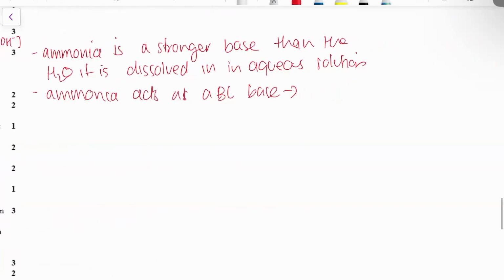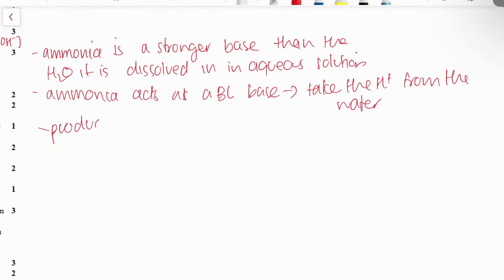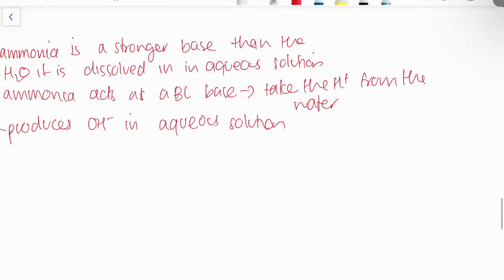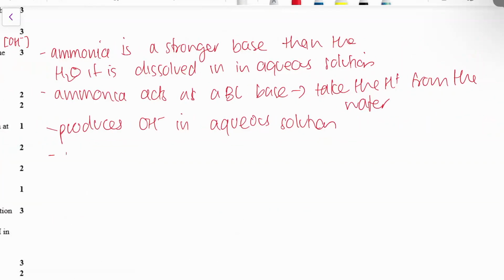Yes, it's going to take the proton from the water and that produces OH minus in aqueous solution. So OH minus in aqueous solution means that the pOH is going to be less than 7, and therefore pH, which is 14 minus pOH, is going to be greater than 7.